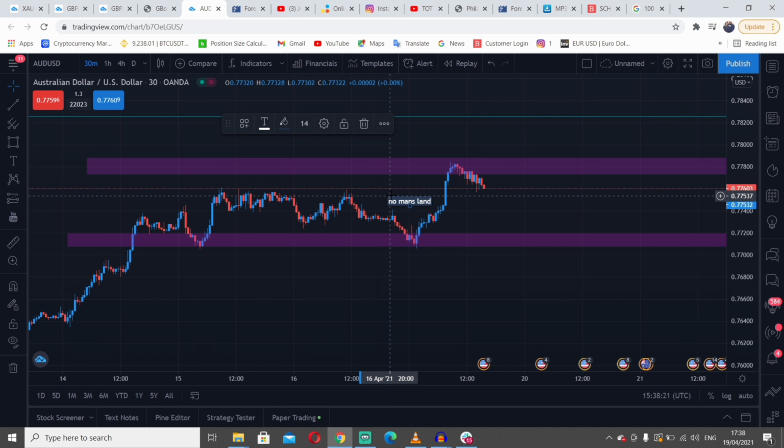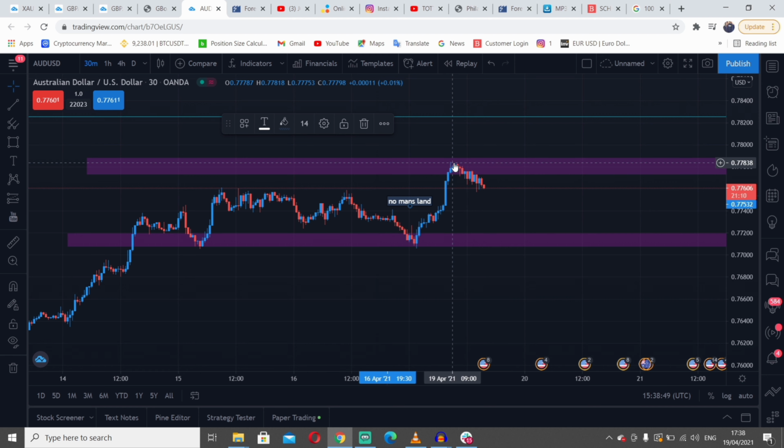And the fact that there are a lot of supports and resistances in between these levels is going to make it much harder for price to break through and for you to take winning trades. So it's more of a gamble than an actual trade. But we do know that once price gets to these levels, from here we can patiently wait and see exactly what price is trying to do, and from there we can take a trade.